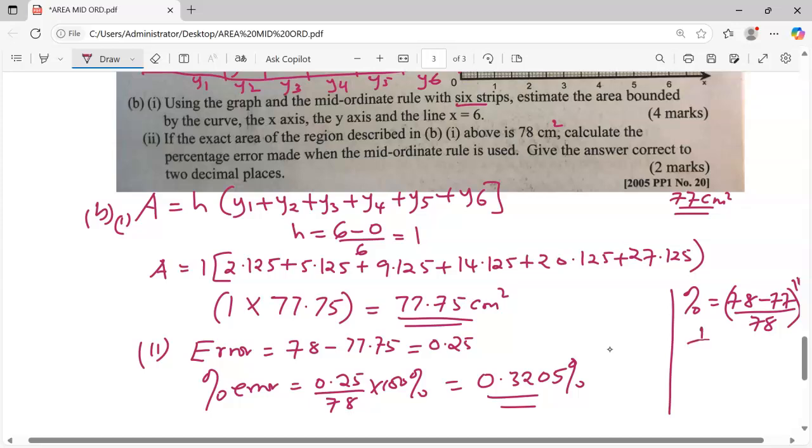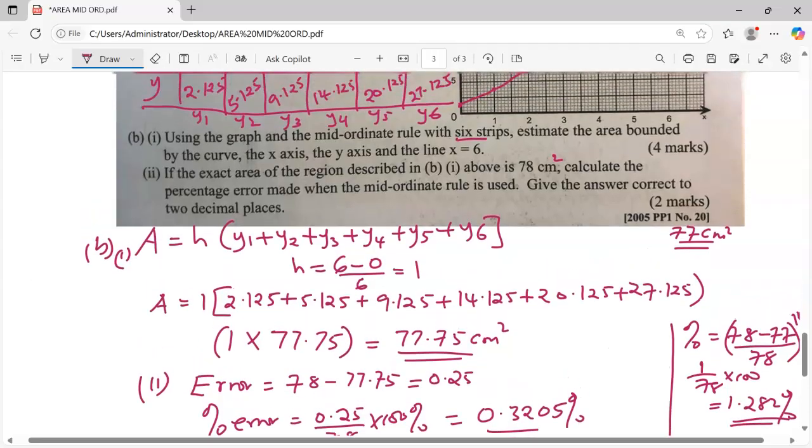So this one is going to be 1 over 78 times 100, which is going to give us 1.282%. Remember, these values can vary depending on the number of decimal points the learner may decide to use.